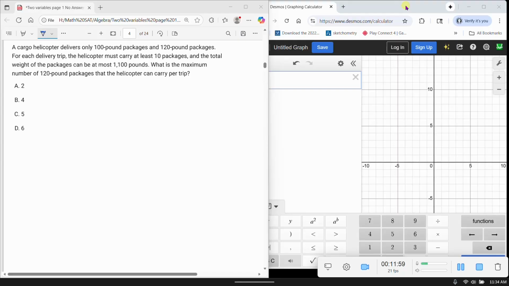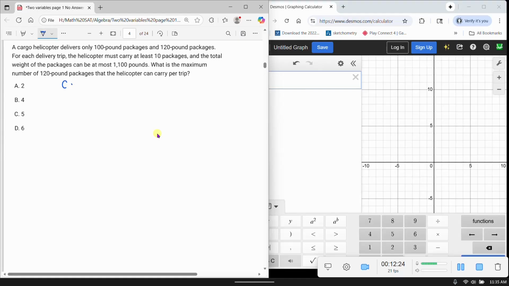Okay. So now you have two different packages, 100 pound and 120 pound. But the helicopter must carry at least 10 packets. So let's set up our equation. Because there are two different packets, we know that we're going to use two different variables.